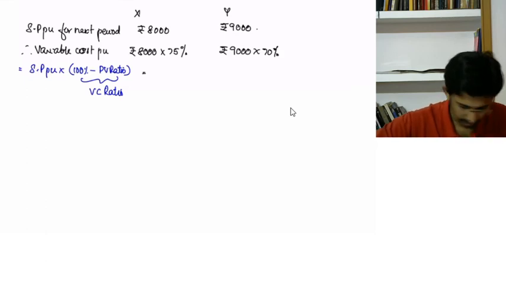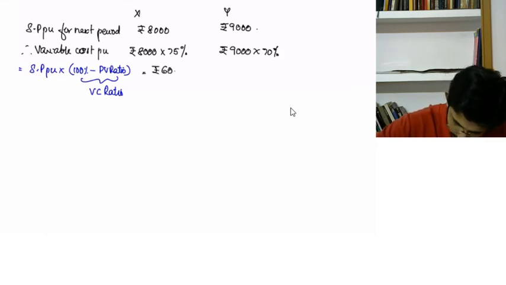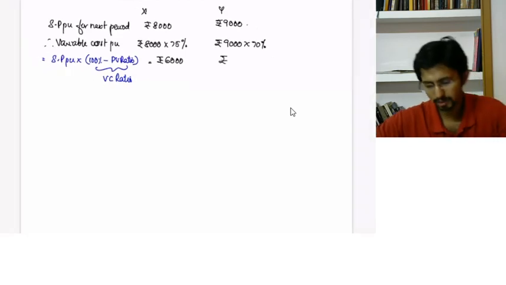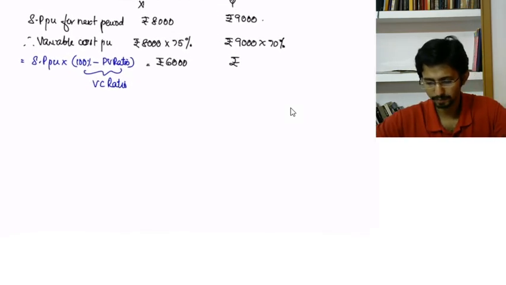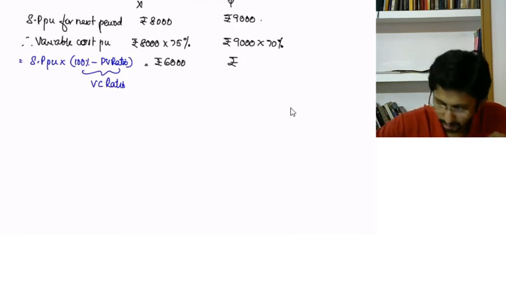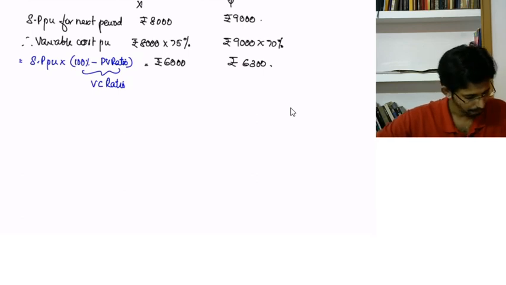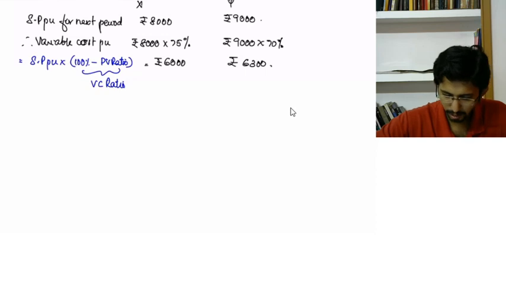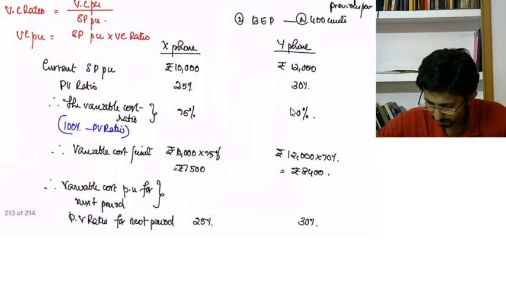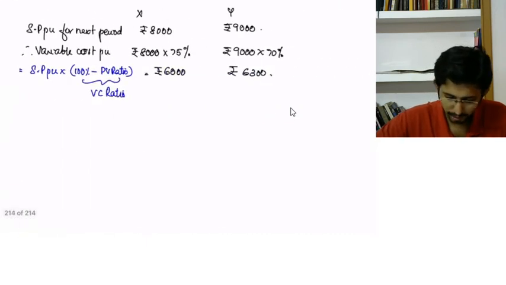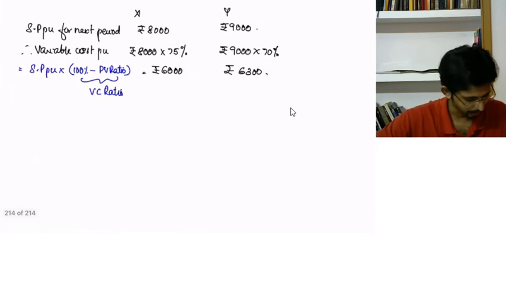So this will be rupees 6,000, and here it will be rupees 6,300. Okay, right. So the present variable cost is 7,500 for X phone, and for Y phone it is 8,400. So this has to be reduced to 6,000 and 6,300 respectively.